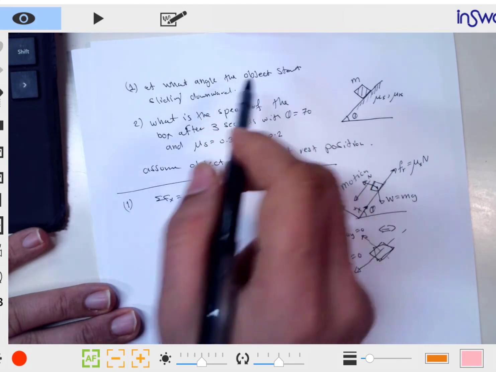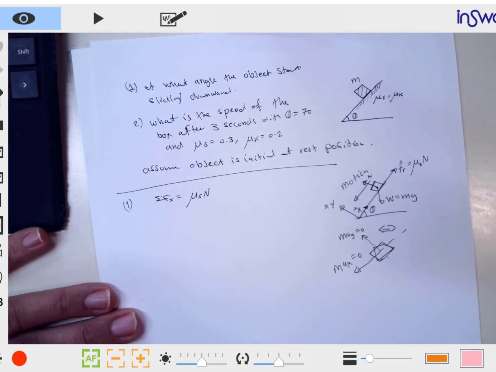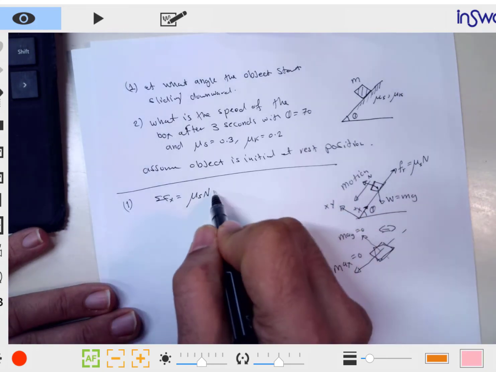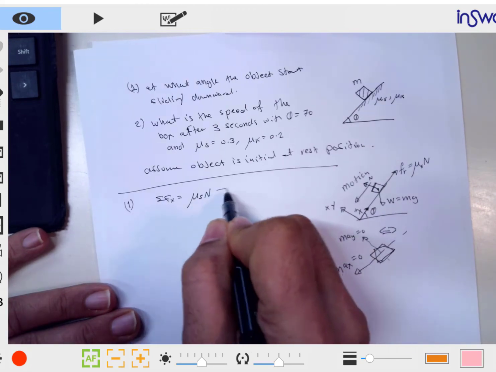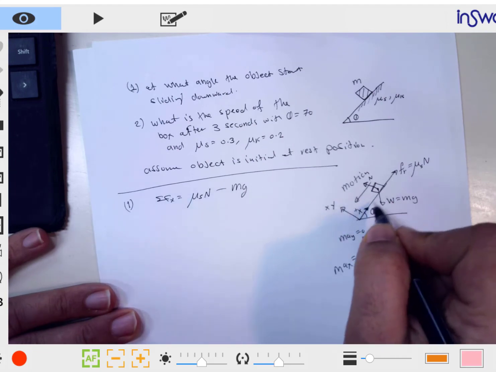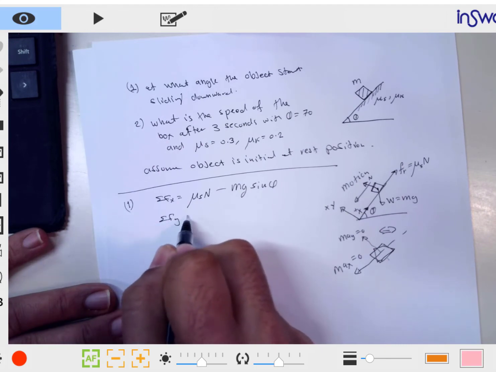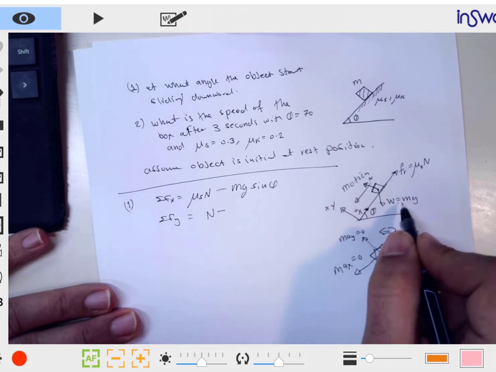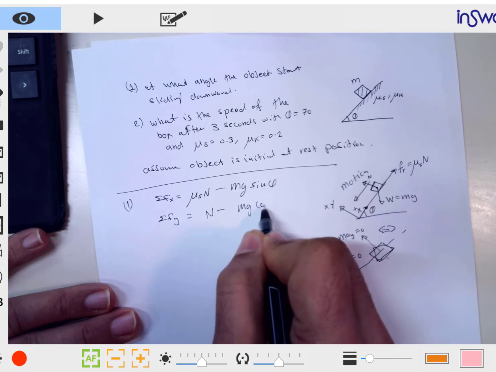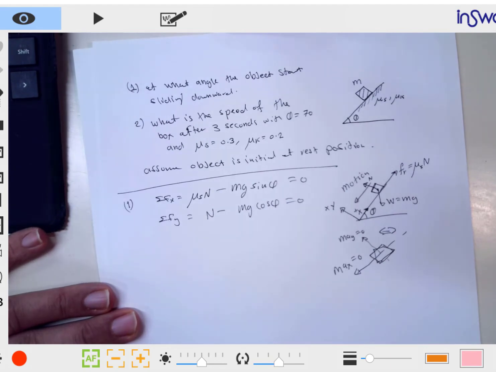What's the minimum angle? Sliding downward, so which means that it's not sliding at that angle. So this is mu s N, which is the friction force, minus the component of the weight in the x direction, so this is mg sine theta. And also we have another relation, which is N minus mg cosine theta. Now this is definitely 0 and this is 0 because they are not moving.